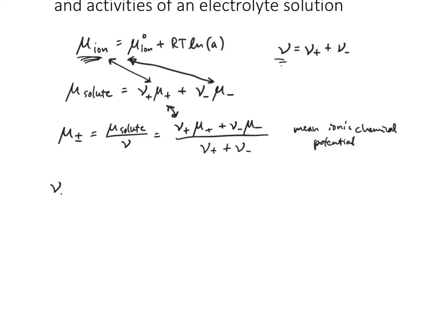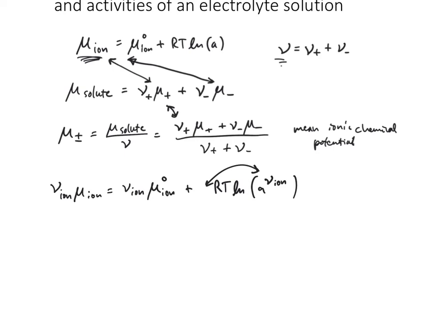So, if I told you that the stoichiometric coefficient of a particular ion times the chemical potential of that ion equals the stoichiometric coefficient of that ion times the standard chemical potential of that ion plus RT log activity, it's going to be raised to that stoichiometric coefficient, because remember, the rules of logs allow us to exchange those two locations.